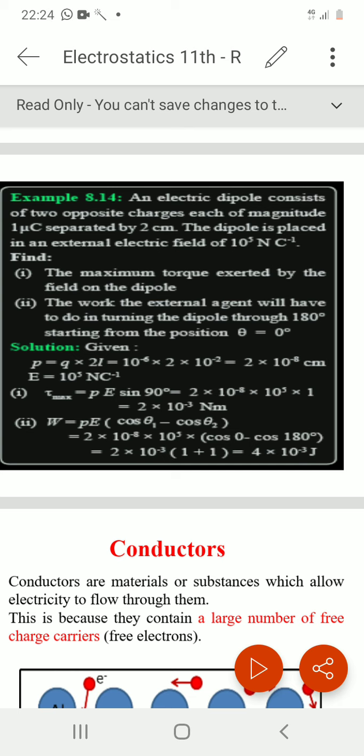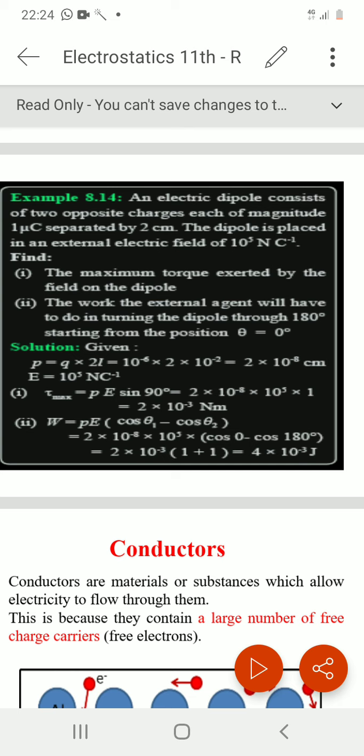In the problem they have not mentioned theta, but you should take theta as 90 degrees in order to get maximum torque. So put theta is 90 degrees, and if you calculate, you will get torque is equal to 2 into 10 raised to minus 3 Newton meter.